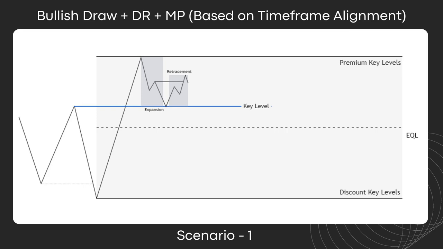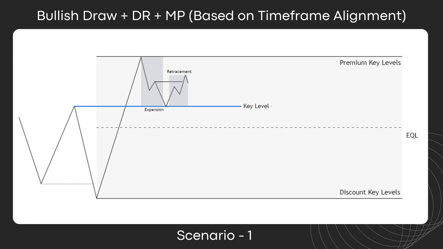Now, based on what I told you before, in a bullish market, price usually tends to retrace to a discount key level before moving higher. But in this case, we've only retraced back to a key level in the premium region on the higher time frame. So based on this, we are only going to expect a retracement on the lower time frame, and not a reversal on the lower time frame or an expansion on the higher time frame, because we still have yet to retrace to a discount key level before we can move higher.